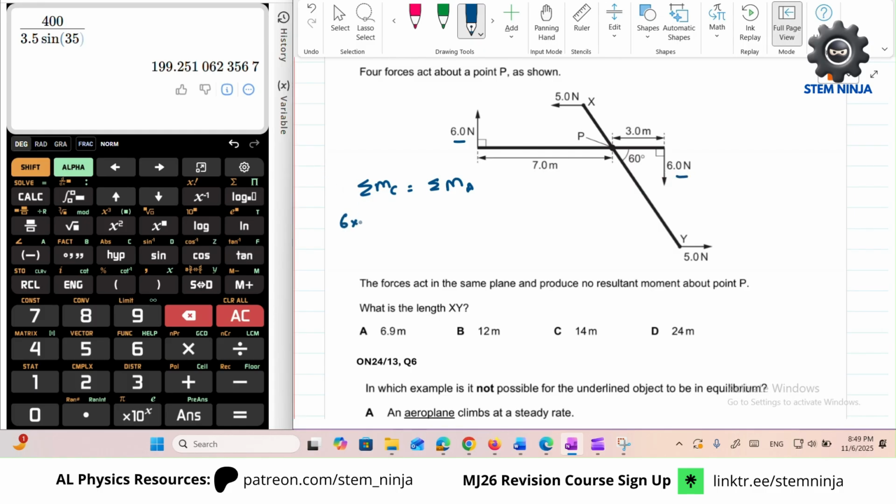So 6 times 7 plus 6 times 3, both of them causing clockwise. And anti-clockwise forces are this 5 and 5. But we need perpendicular distance, so remember that. If this angle is 60 degrees, we need this distance.